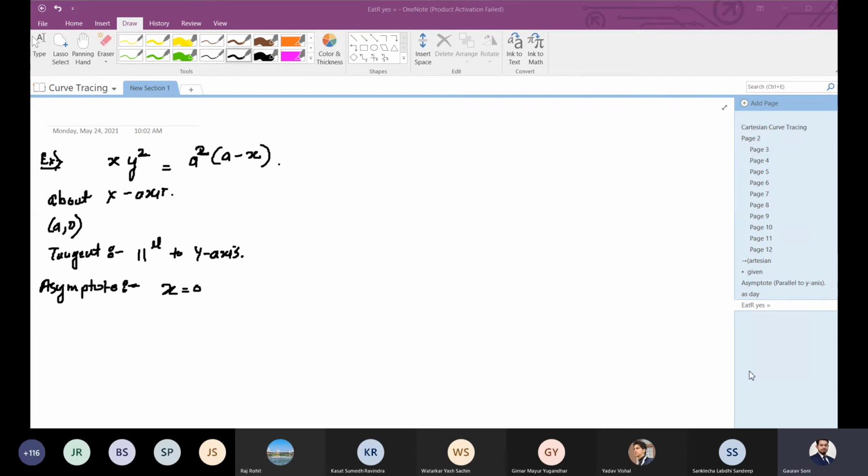What you have done is you took dy by dx and checked it at a comma 0, and it is infinity. So the conclusion is that if dy by dx at a comma 0 is infinity, it means that the tangent is parallel to the y-axis. We don't have the equation. Am I clear? Yes.